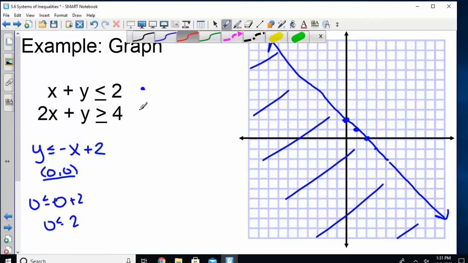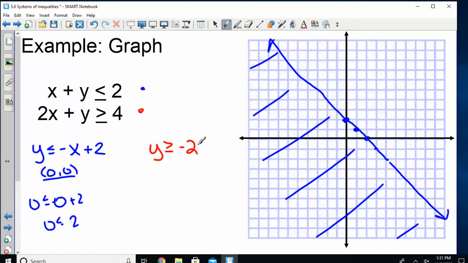So if I solve for y, this line has a y-intercept of 4, slope -2, so that's down 2 over 1.